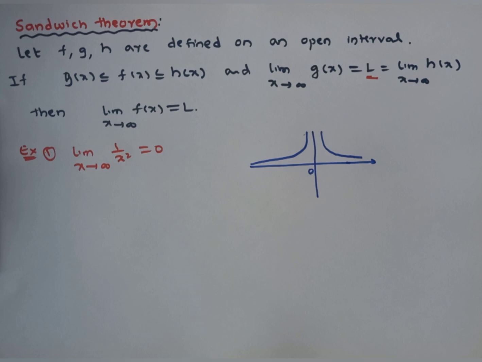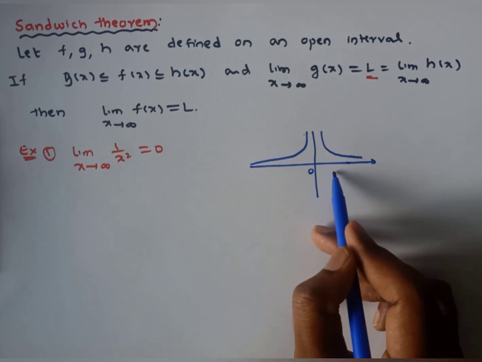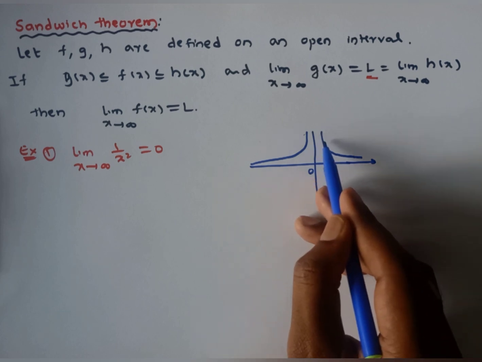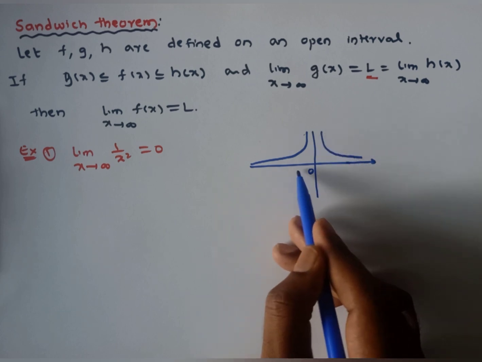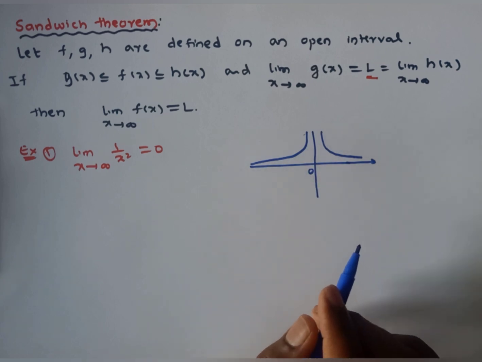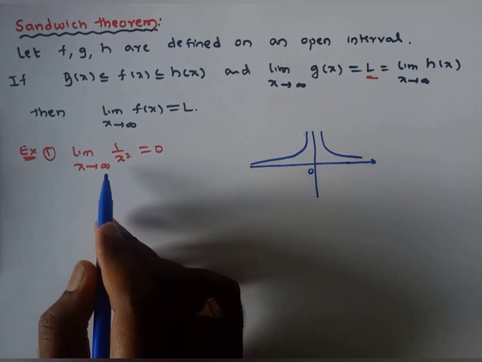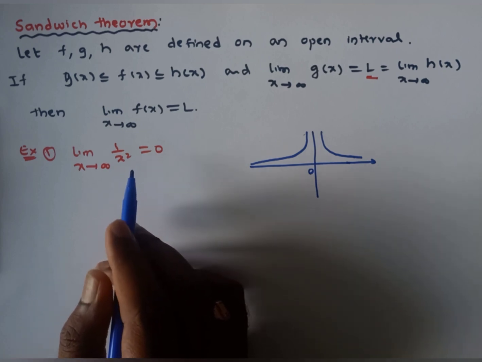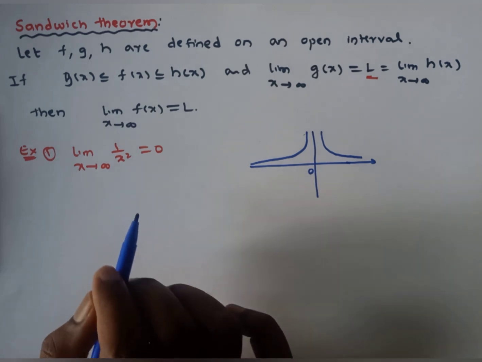Here what you can observe is, as x goes to plus infinity, f of x is 0. That means the graph tries to approach 0. Even if x goes to infinity or minus infinity, it tries to approach 0. Or you can split it into 1 by x into 1 by x, that is, x into x also can be written.